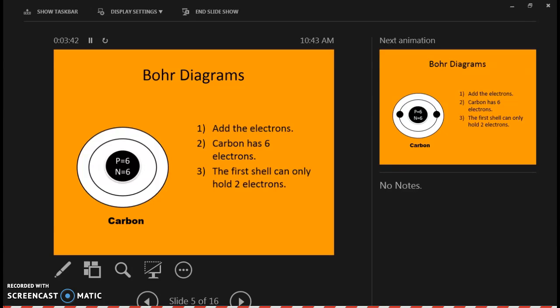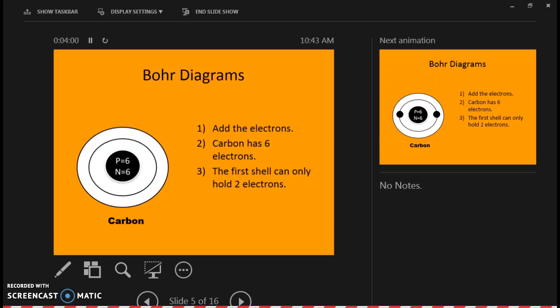What we need to do next is add our electrons. As we know, carbon's atomic number is 6, so there's only 6 electrons that we can work with. When we're starting this, you always start at the innermost shell, the shell that's closest to the nucleus, okay?